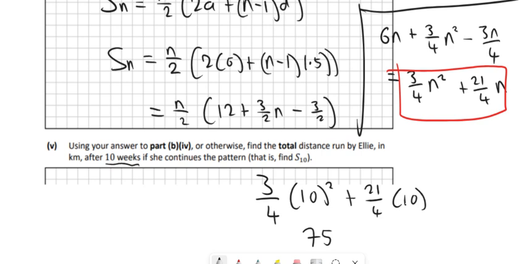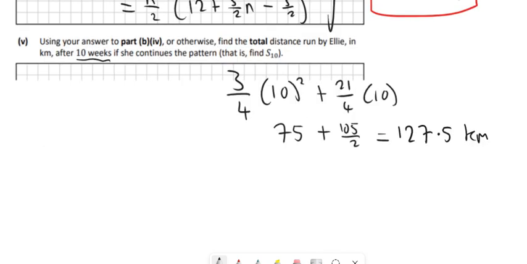You can use a calculator from here. And we get 127.5 kilometers. That's all then for question 8.